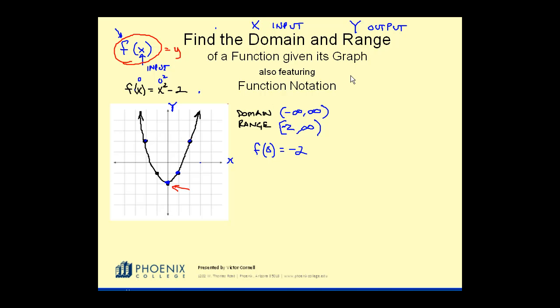That's what we want to work on this one. So when x is 0, there's your y value down here. Y is at negative 2. How about f of 1? f of 1, the output is negative 1.